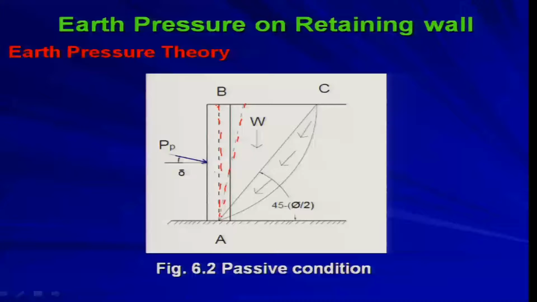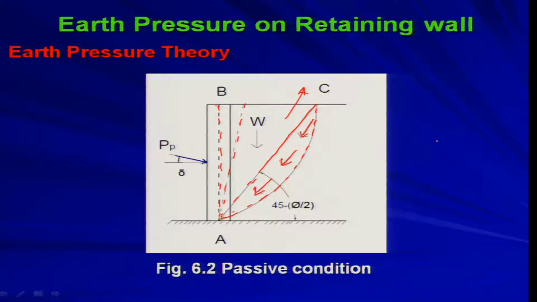When you push and reach the failure condition, the shear resistance will be developed along this. This is the actual failure surface which generally develops, but it can be idealized with a linear failure surface. Now this wedge will try to move in this direction, so your shear resistance will act in this direction.